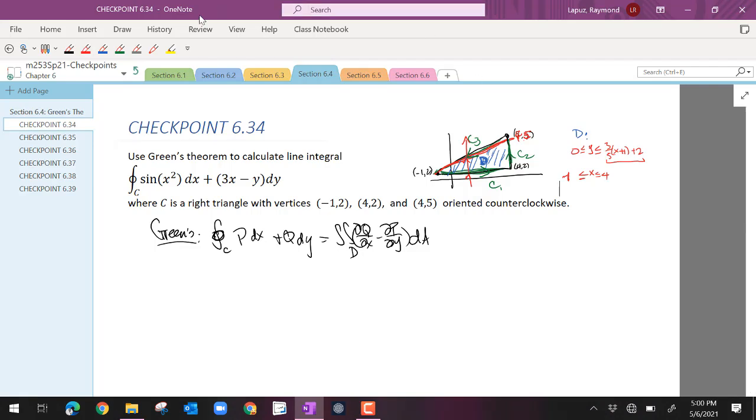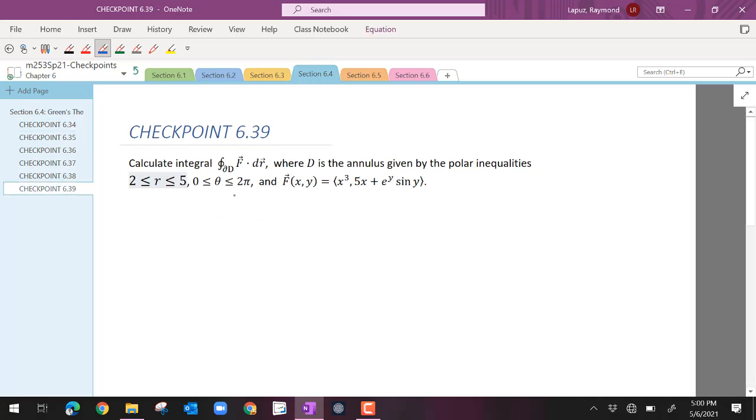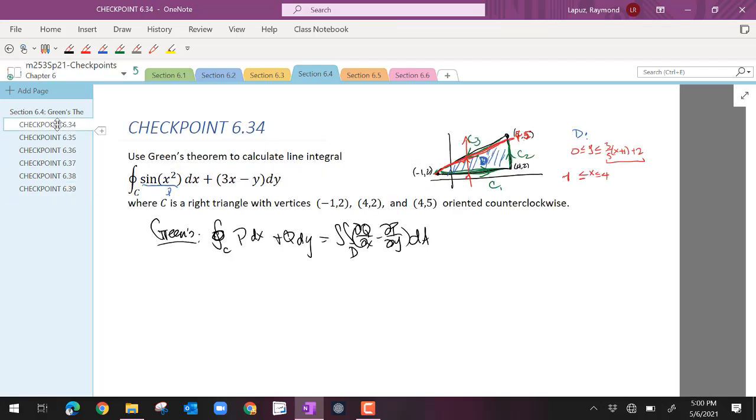The other thing that we need would be some partial derivatives. We'll identify P to be sine x squared, and Q is 3x minus y. Given that, the derivative of Q with respect to x is going to be 3, and the derivative of P with respect to y, there are no y's in there, so that's going to be 0.